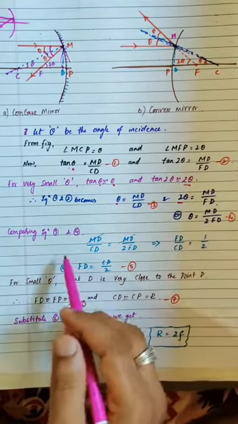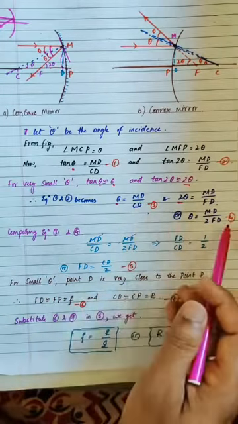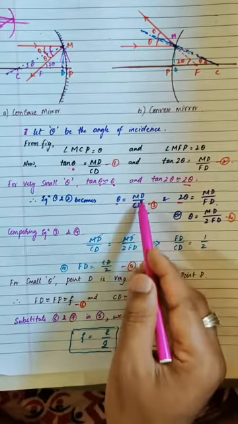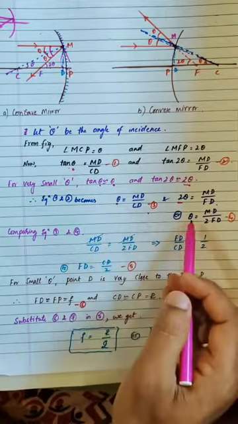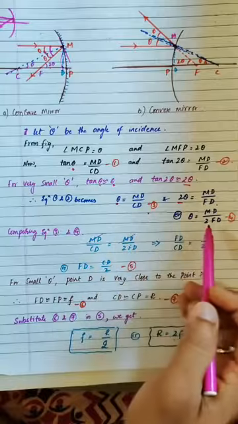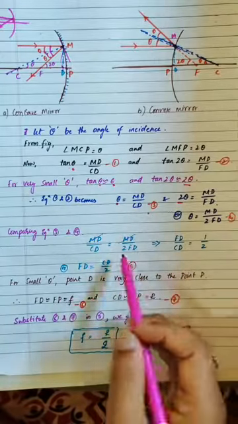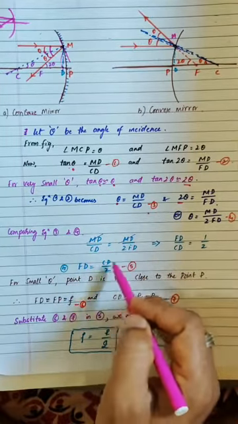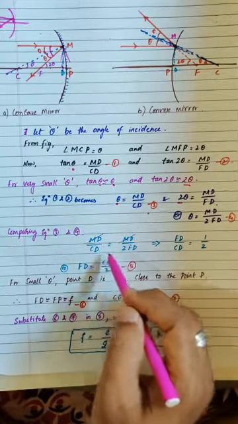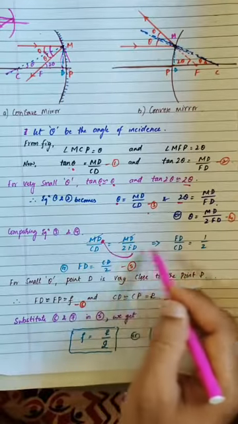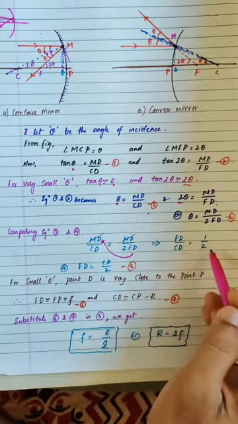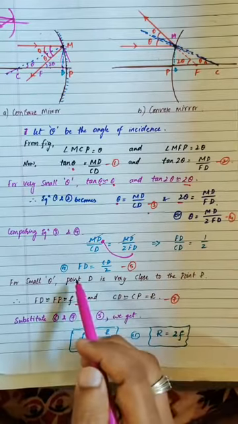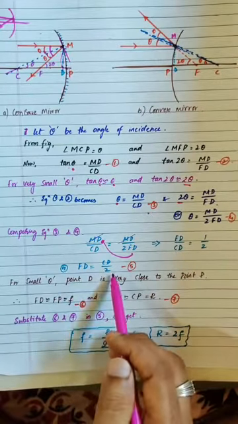Now comparing equations 3 and 4, because the LHS theta is equal, the RHS should be equal. MD cancels, and sending FD across, FD divided by CD is equal to half. That's why FD is equal to CD by 2.